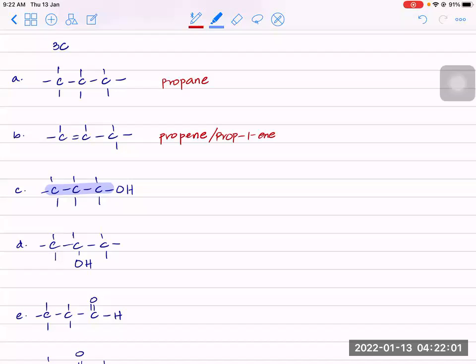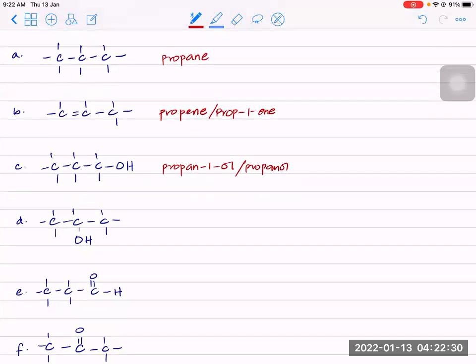Now, likewise here, we have 3 carbons. Alcohol is the functional group. It should get the least number. So you number this carbon as 1, 2, 3. And this will become what? Propan-1-ol. Or you can call this propanol. Whenever the functional group is attached on carbon number 1, you don't necessarily have to mention the 1, but it's good practice to mention the 1 so that next time it's on any other carbon, you don't forget to add the number.